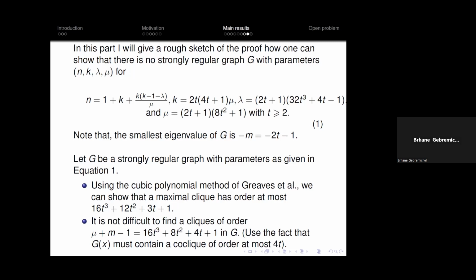Moreover, it's not difficult to find a clique of order μ + m - 1 equal to 16t³ + 8t² + 4t + 1 in G. We have to use the fact that the neighborhood of any vertex x in G must contain a co-clique of order at most 14. So by considering the non-existence of a co-clique on 4t + 1 vertices, we can show the existence of a clique with this order.